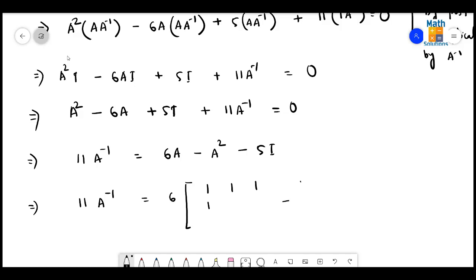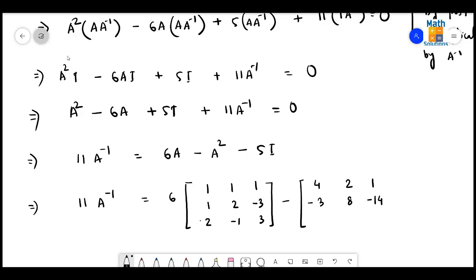Then the value of A square, I get as 4 2 1, minus 3 8 minus 14.